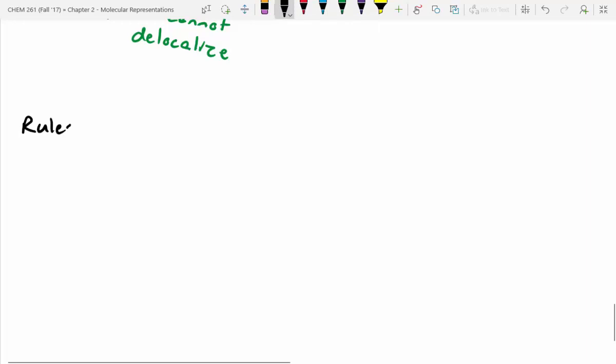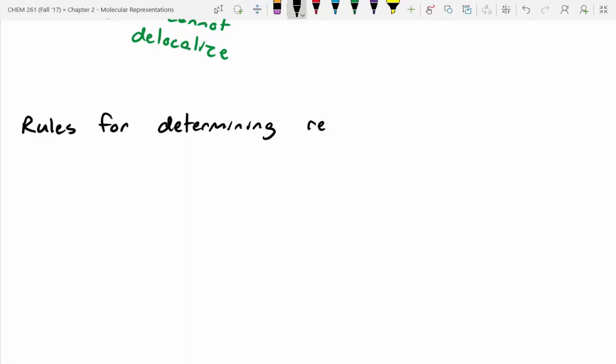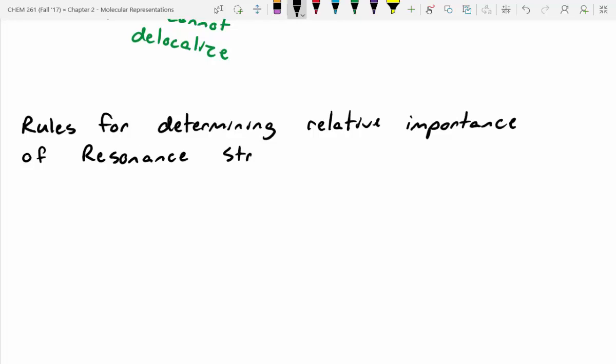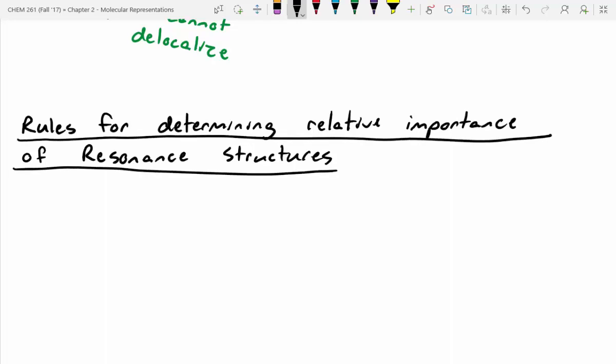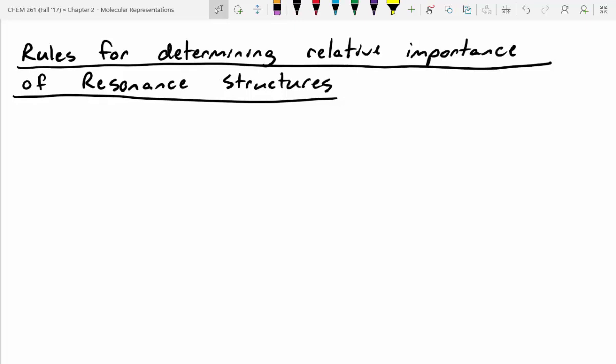Rules for determining the relative importance of resonance structures. These rules are pretty straightforward, but I'm going to list them in order of priority.